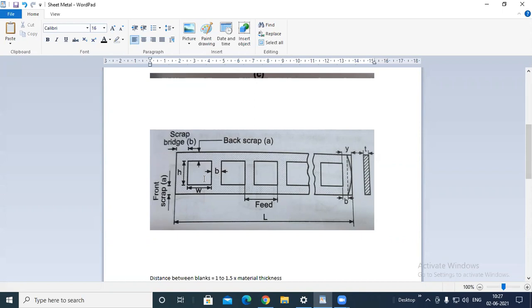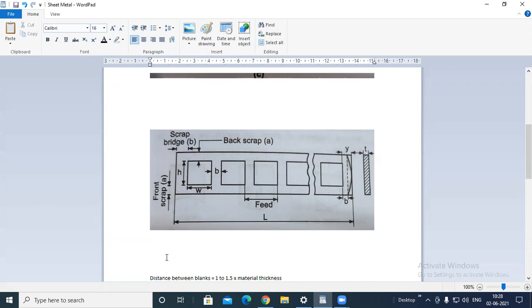While designing the strip for your blank, these thumb rules should be considered. To calculate the distance between the blanks, the formula is 1 to 1.5 mm into material thickness. Suppose you got a job, a task assigned to you, and they say we have a sheet of this dimension, calculate how many blanks you can put on that strip.